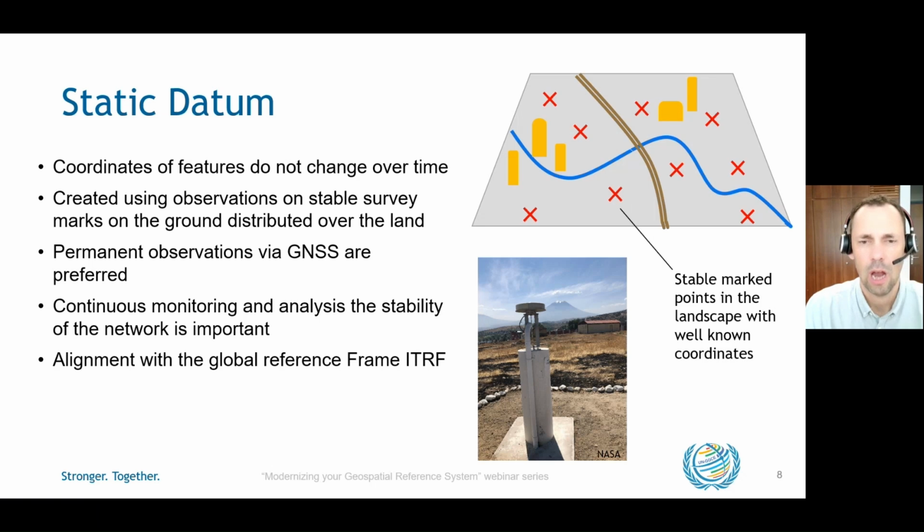Continuous monitoring and analysis of the GNSS is then needed to monitor the stability of the survey mark. Using this method, a country's static datum is also aligned with the International Terrestrial Reference Frame, which is the reference frame that GNSS work in.